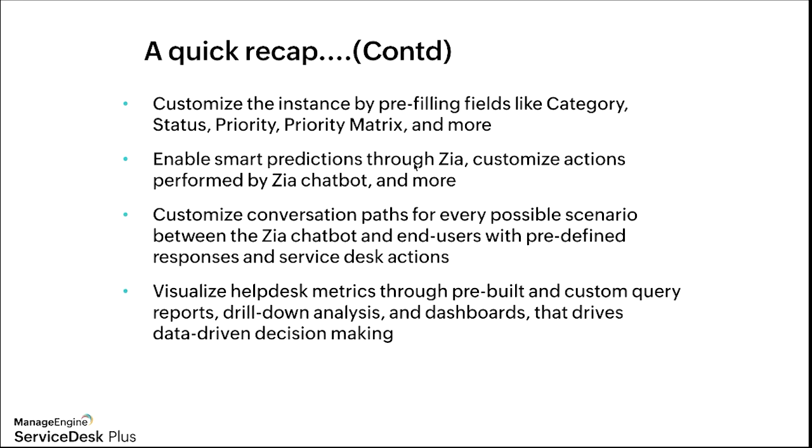Then we looked at the options using which we can enable Zia and make smart predictions and customize Zia actions, buttons, and workflows. We also saw the options using which Zia will improve the response time as well.